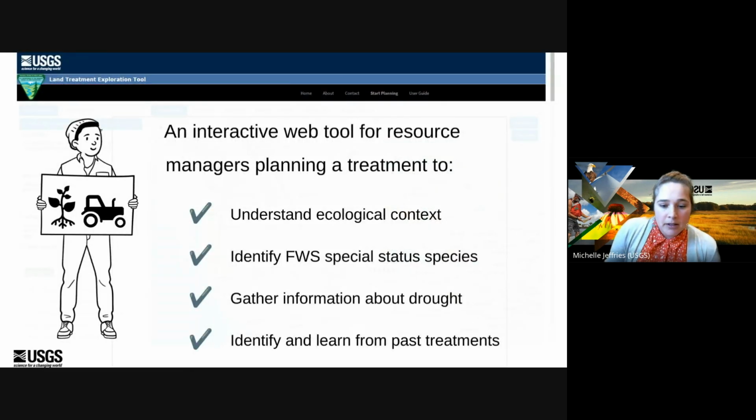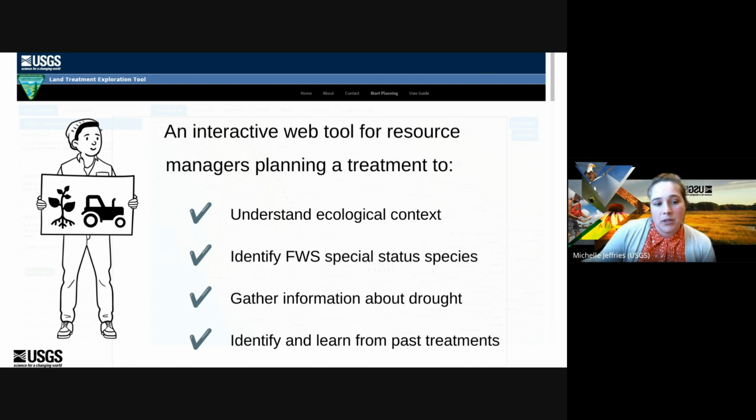So this is a publicly available website, and it's an interactive tool for resource managers to plan their treatments. It's sort of a one-stop shop for information for the BLM. But again, this is a publicly available web source. Anyone can use this, and it helps them understand the ecological context of their area.